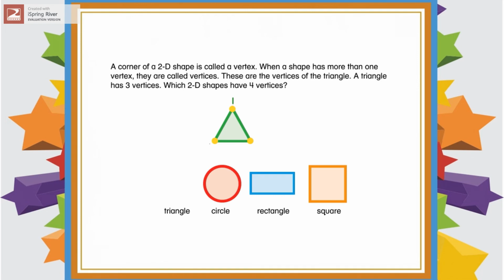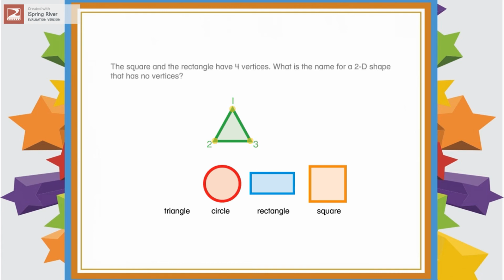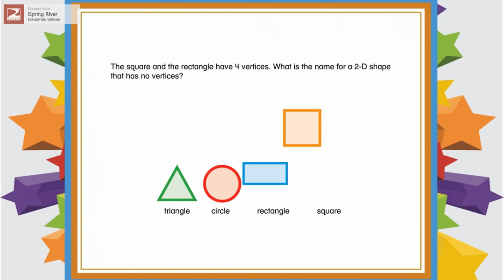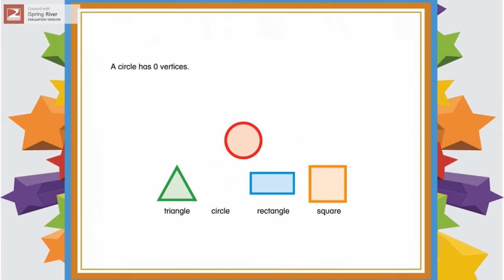A triangle has 3 vertices. Which 2D shapes have 4 vertices? The square and the rectangle have 4 vertices. What is the name for a 2D shape that has no vertices? A circle has 0 vertices.